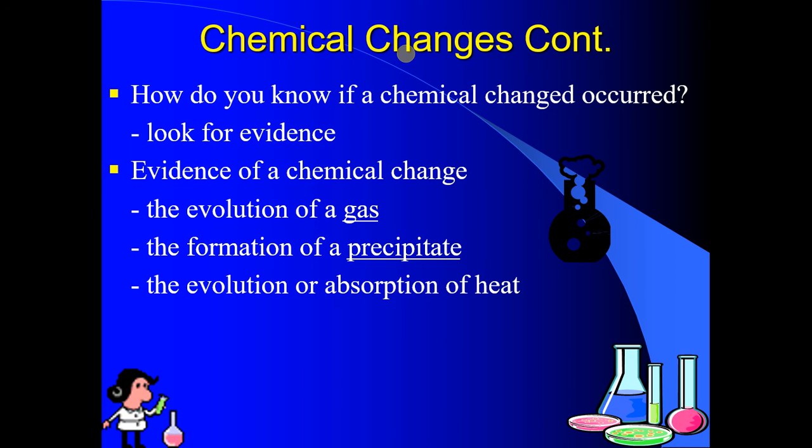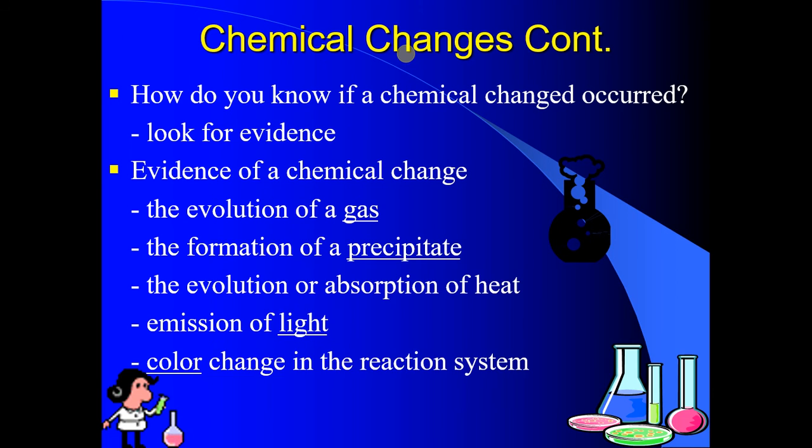When heat is given off or absorbed, so something feels hot, it's getting hotter, or it's getting colder, like a hot pack or an ice pack. When it produces light or sound, that's a good clue. Or if the color is changing in the reaction, that could be a sign that a chemical change has occurred.